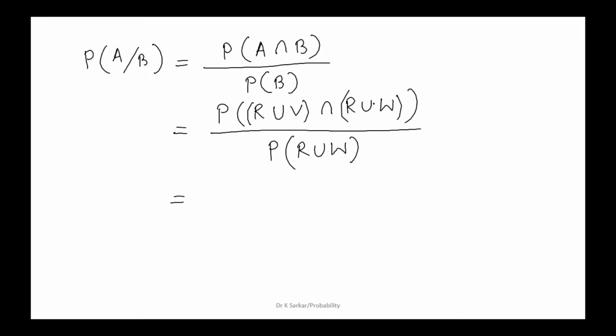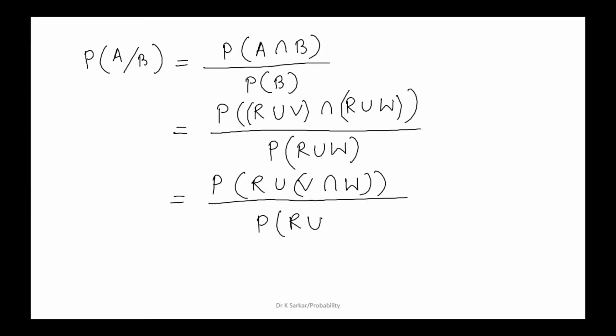In the numerator, this expression can be written as probability of R union V intersection W divided by probability of R union W. Now let us find probability of R union W and probability of R union V intersection W.